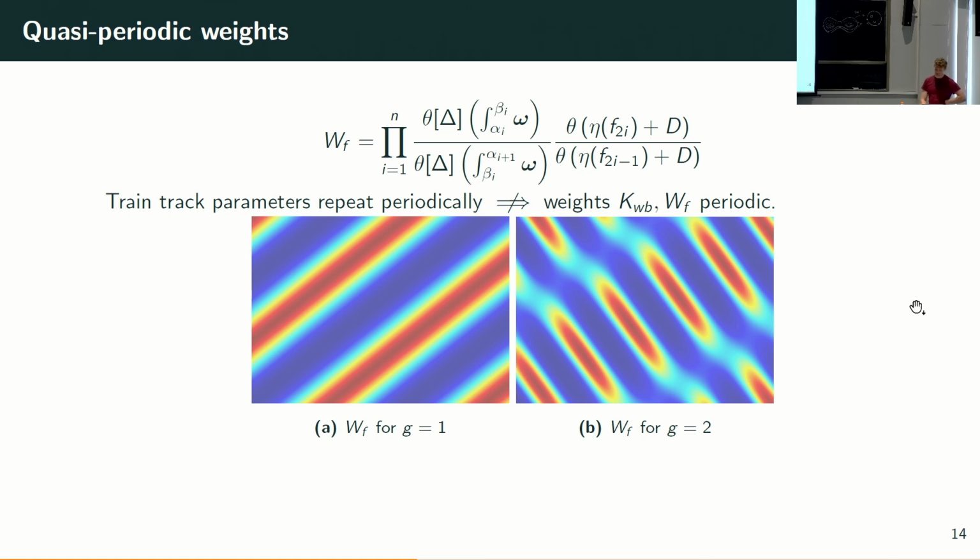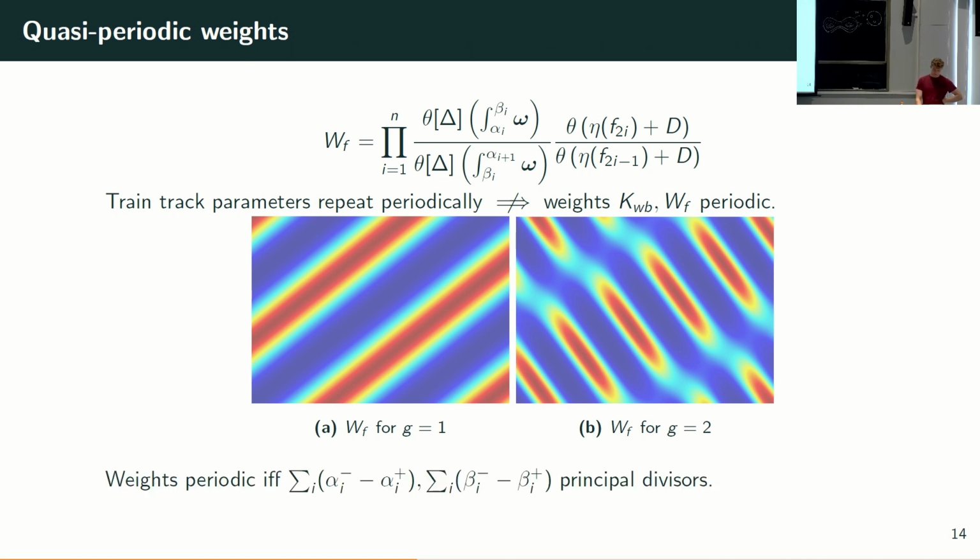This is a result of computation. This is a genus 1 and a genus 2 picture, and the phase weights are kind of a lattice superimposed on these pictures. But the period of the lattice and the period of these pictures doesn't have to match up, and so we get quasi-periodicity instead of periodicity.